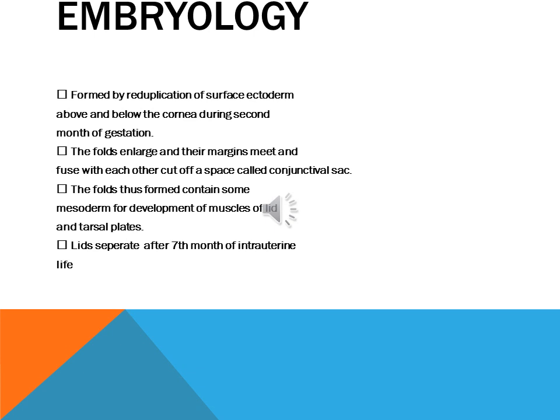In between the layers of the folds of ectoderm there is invagination of some mesodermal tissue, which forms the muscles of the lid, orbicularis oculi and levator palpebrae superioris, and also contributes to the development of the tarsal plate. The lids are separated fully by the 7th month of intrauterine life.